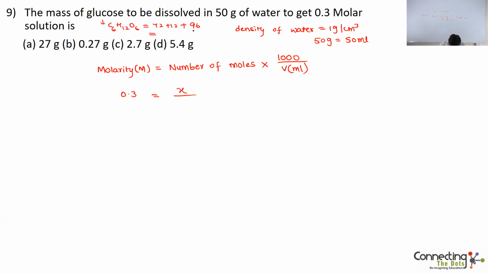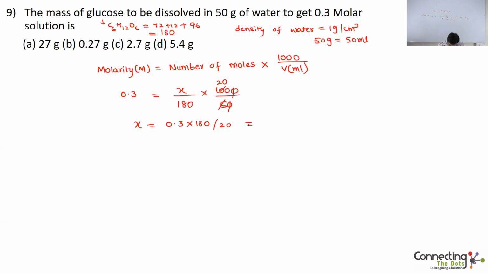So it is 180 grams. So from this we can substitute: 180 times 1000 by V in ml of water, which is 50. So 5 goes into 1000, 200 times, so it will be 20. So X is equal to 0.3 times 180 divided by 20.